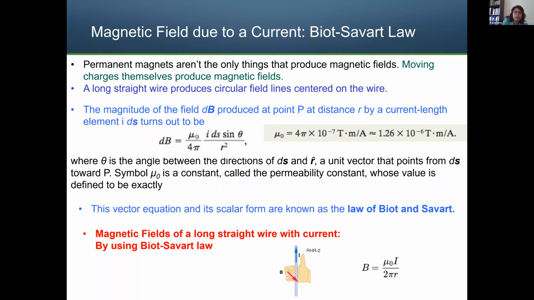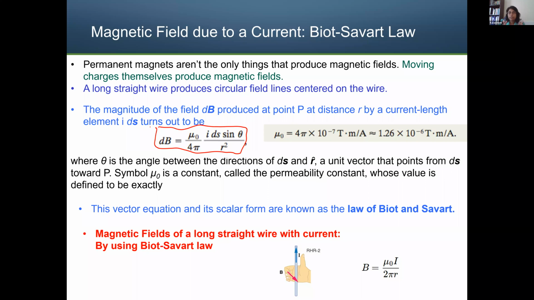The Biot-Savart law basically explains that you need to take small pieces, do the integral, choose a point and calculate by adding each term. It also explains the direction of this magnetic field, right?